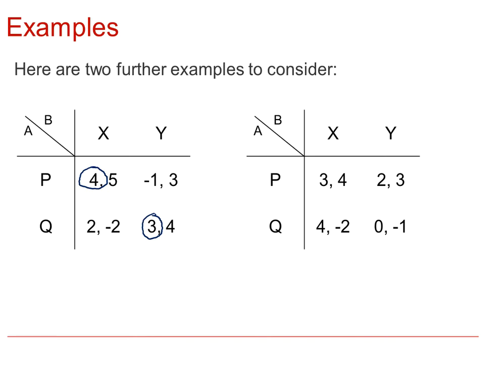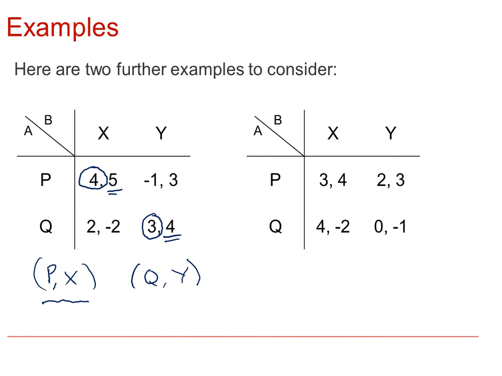B's choices would be to choose the X strategy when they think A is going to choose P, and the Y strategy when A is going to choose Q. Therefore, in this case we have more than one Nash equilibrium, both PX and QY are Nash equilibria, one of which, the PX, happens to be the best outcome for both players.